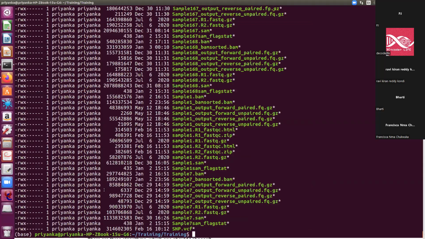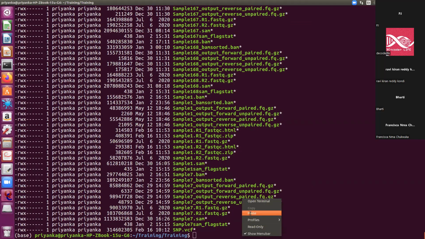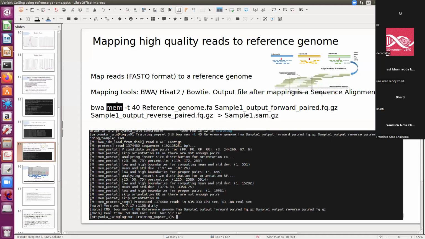So you have to run this command, BWA mem. I will copy this command and give it to you in your chat box. You will run BWA mem, the threads, how many you want to give, and then you will give the FASTQ files, sample1 forward and sample1 reverse.